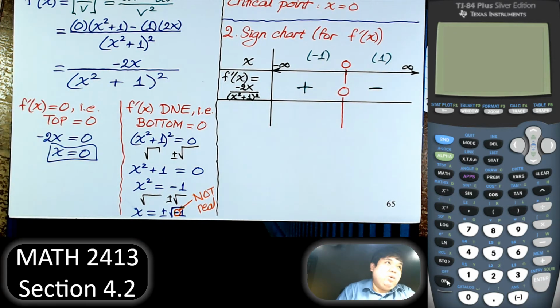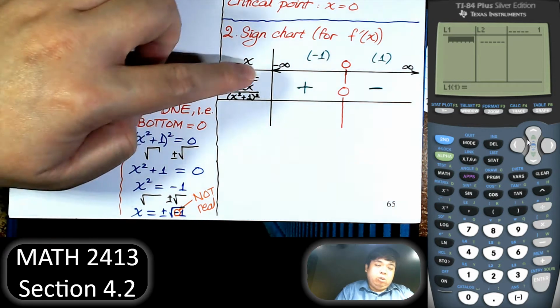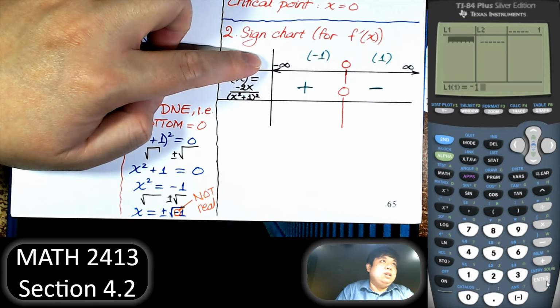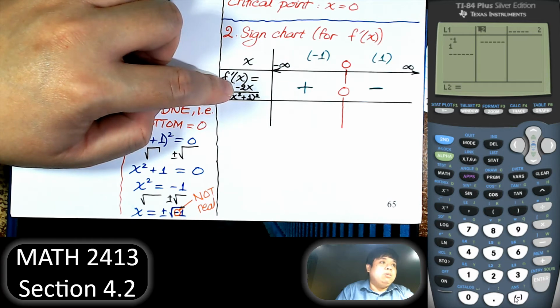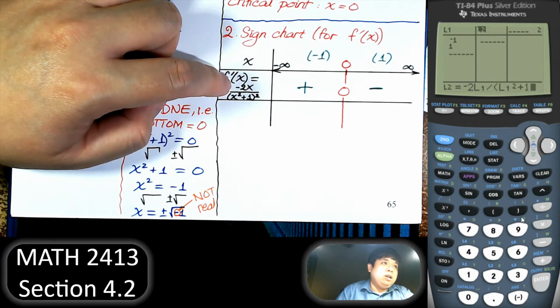If we use the calculator, we put in negative 1 and 1. For negative 1, the function is negative 2 times this one divided by this one squared plus 1, squared.